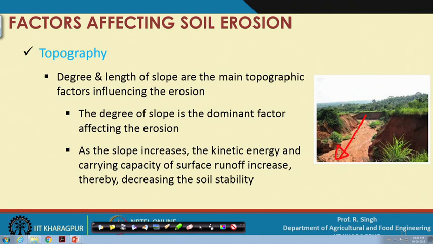That means it will have much higher erosive capacity, and the same thing is written here. As the slope increases, the kinetic energy and the carrying capacity of surface runoff increase, thereby decreasing the soil stability. That means erosion will be more in such cases.